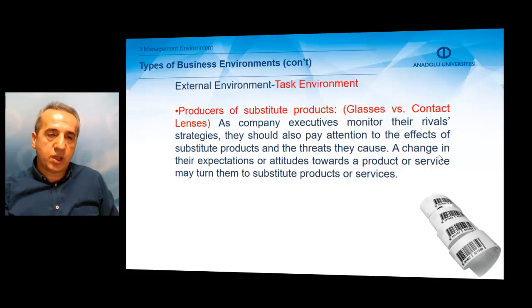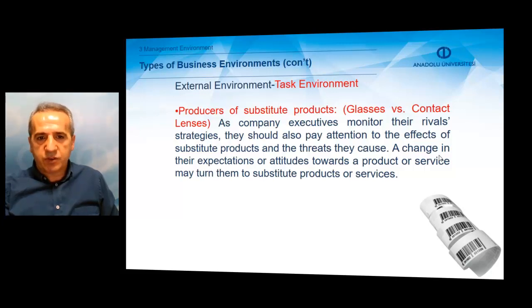So you can fix that problem by either using glasses or contact lenses, or you can have some eye surgery. These are substitute products or services, right? You can choose one of them over others.